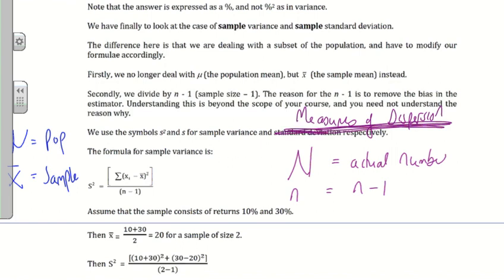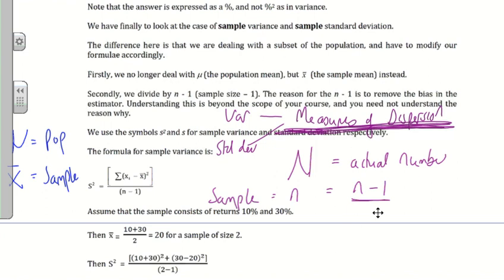So remember, when I'm dealing with any kind of measure of dispersion, variance, standard deviation, anything over here, and I'm working with a sample, I'm always going to go n minus 1. Everybody comfortable?